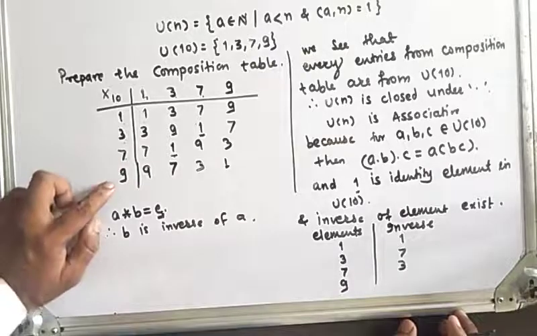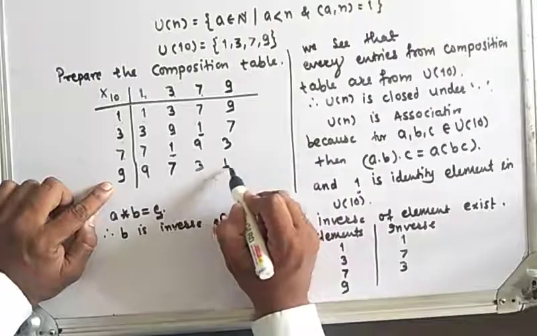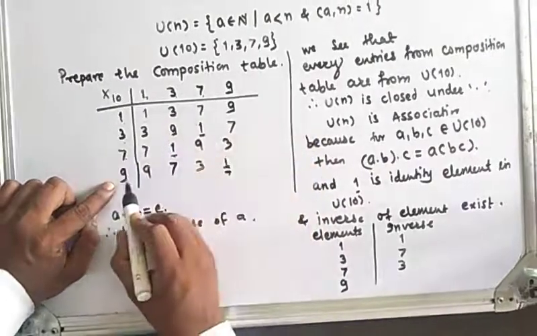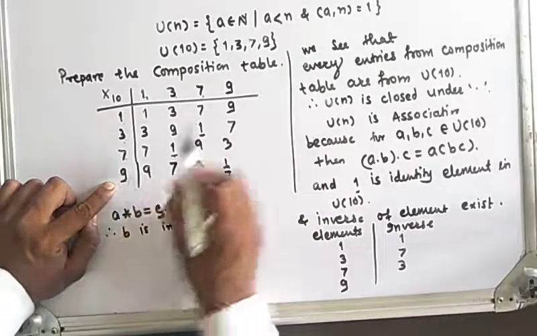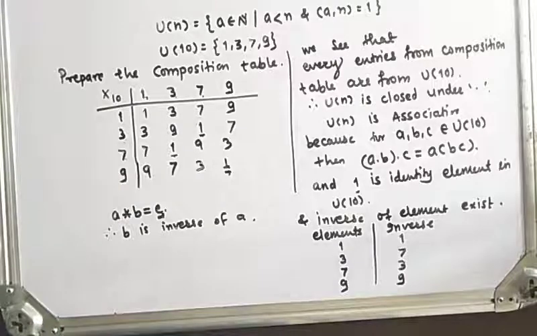Next, 9 into 9 is equal to 1, so the multiplication of these two numbers is 1. So the inverse element of 9 is 9, meaning all the properties are satisfied.